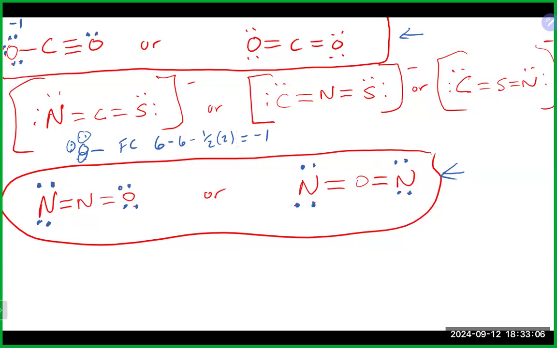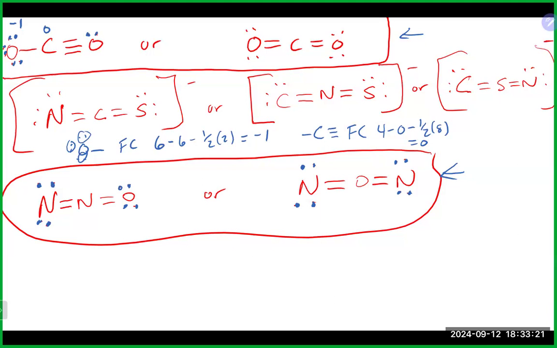Our carbon in the middle has a triple bond on one side and a single bond on the other. That's going to give us for the formal charge 4 minus 0 minus 1/2 of 8, which is 0. Carbon's all good.